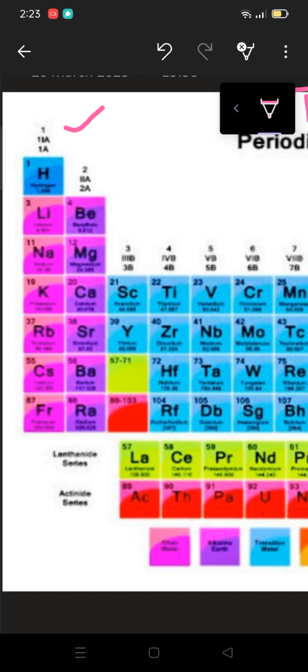And in the second A group, the valence shell was having 2 electrons in each element, so they need 6 electrons to complete the outermost shell.